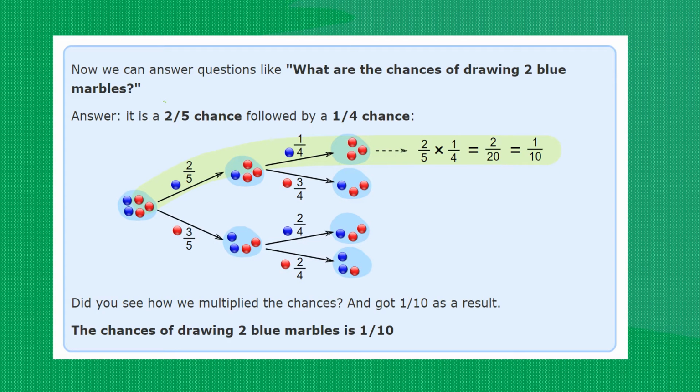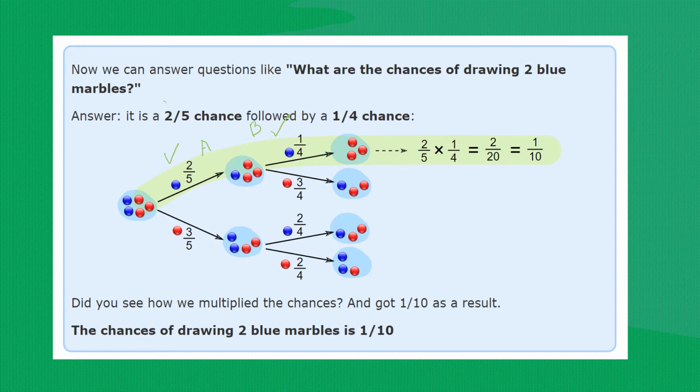So if I have picked a blue ball and again I'm trying to pick another blue ball, then the probability of picking 2 blue marbles will be 2/5 multiplied by 1/4, which is 1/10. So this first one is the probability of picking a blue ball, and this is the probability of picking another blue ball.